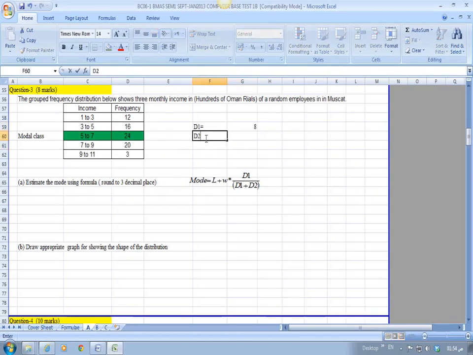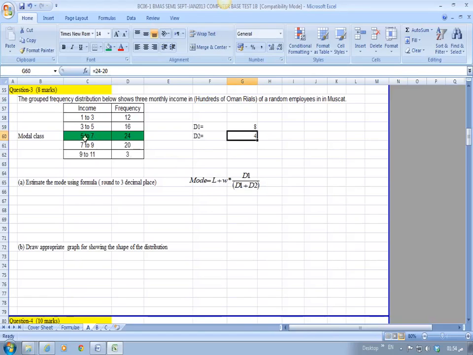D2 equals the highest frequency minus the frequency after it. So it is equal to 24 minus 20, and now it will give us 4. Remaining is L here, which is 5.